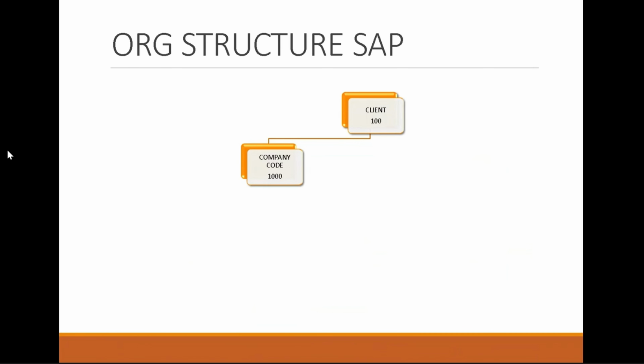Okay, so what is a company code? A company code is basically one single line of business, like we have seen in, let's say, Tata Motors, Tata Steel, Tata Power. That we call a company code in SAP. So for every single line of business we will create one company code. Why are we creating this?